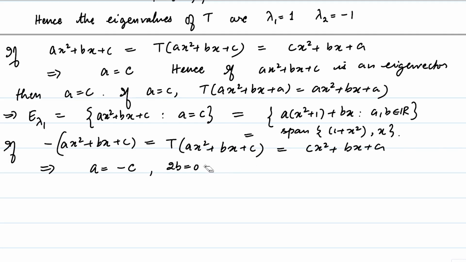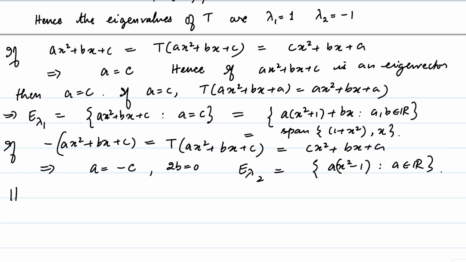That is what we will be able to conclude. So along the same line of arguments, E_λ2 will be just equal to the span of a times (x² minus 1), where a belongs to R.